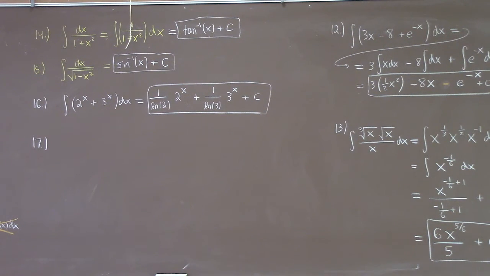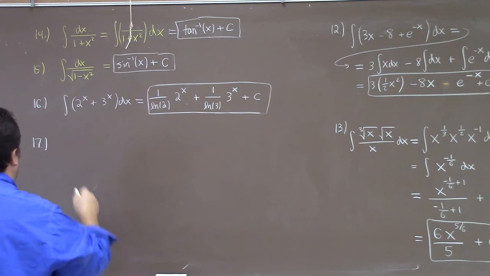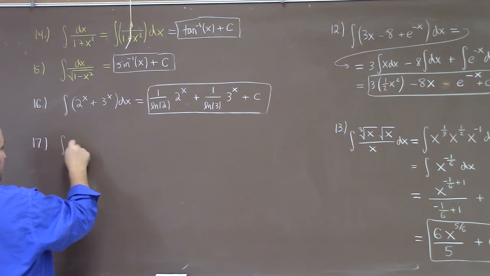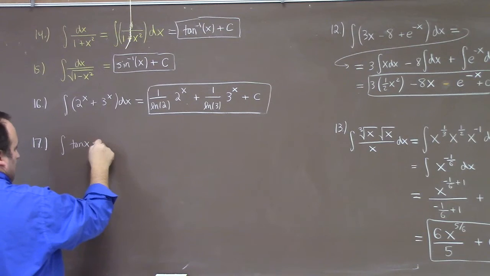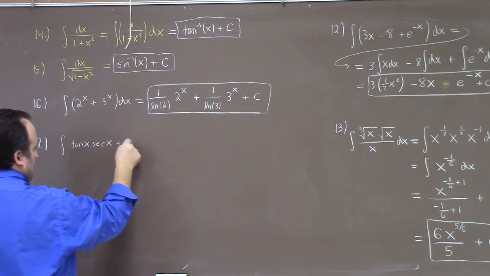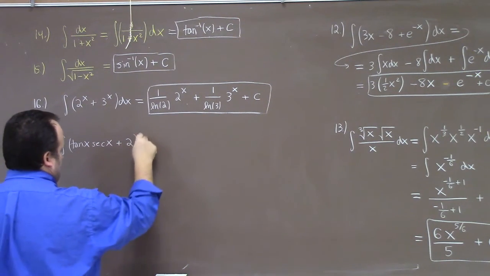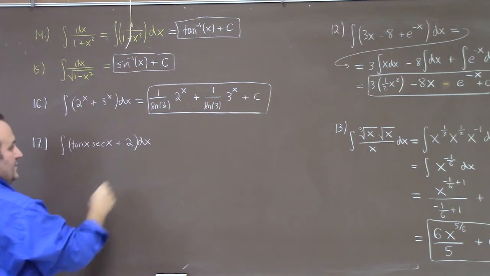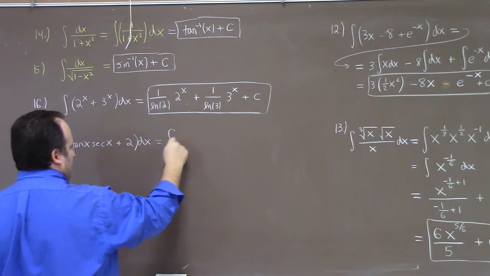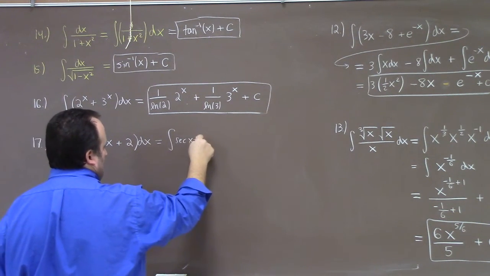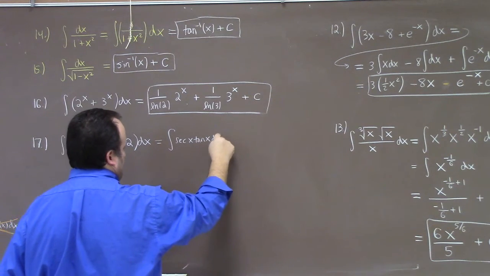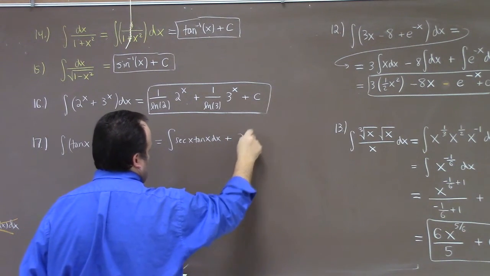Aha, look at this next one. Looks kind of scary, doesn't it? Integral of tangent x secant of x plus 2 dx. All right, so we can break this up into two pieces: the integral of secant x tangent x dx, plus twice the integral of dx, right?